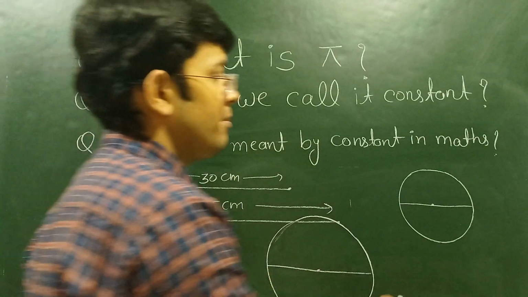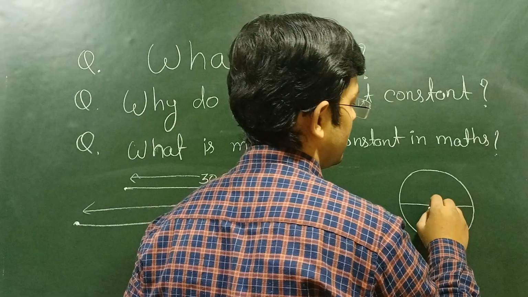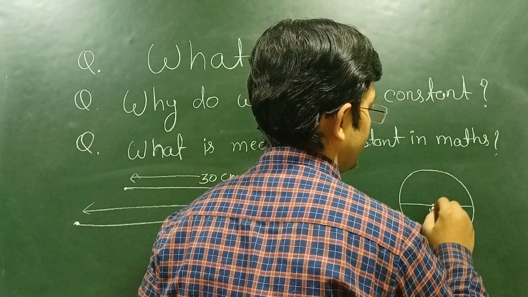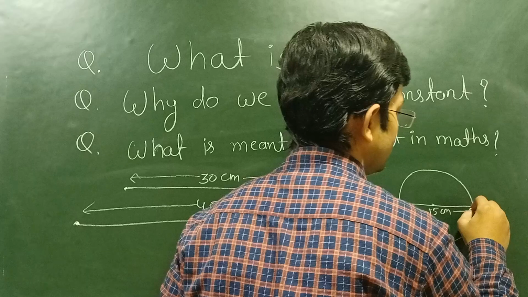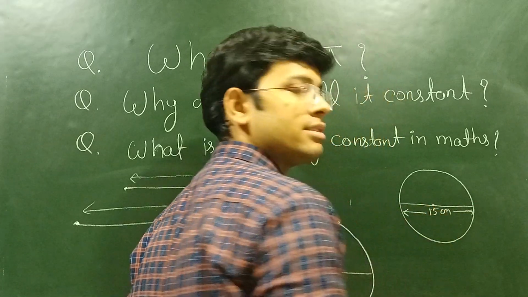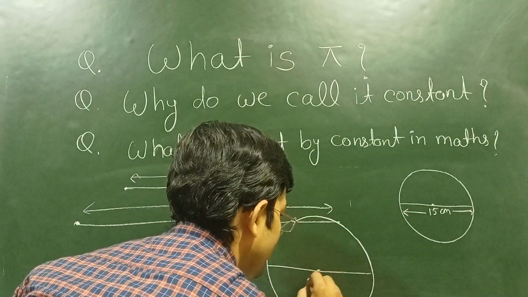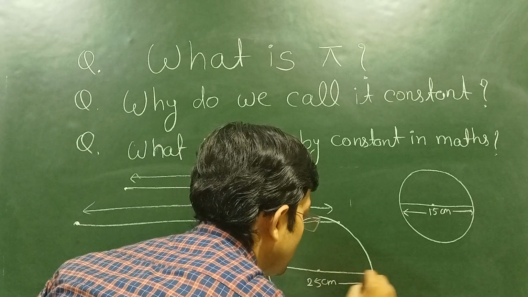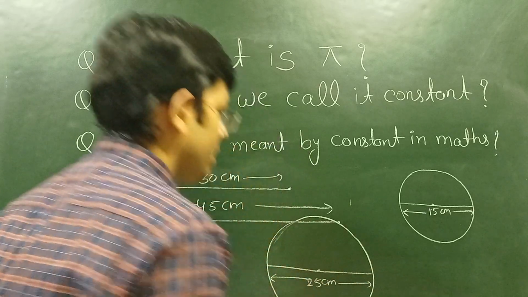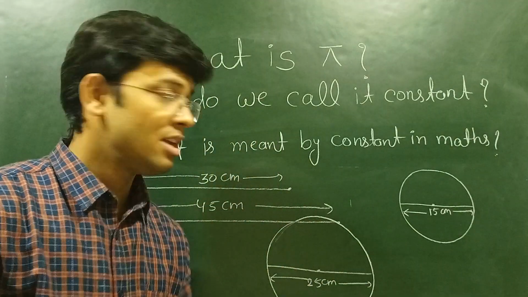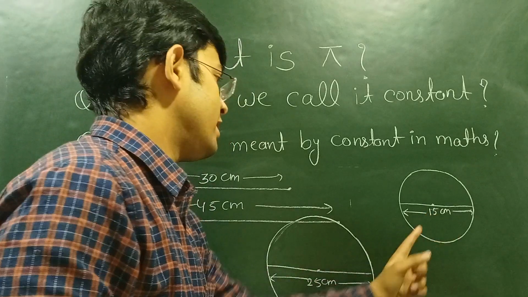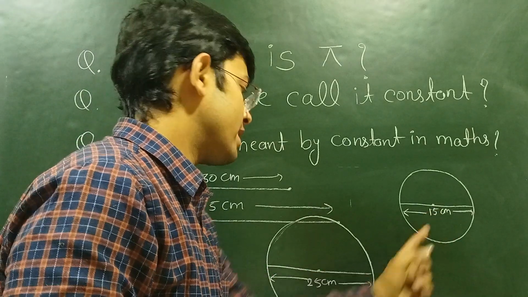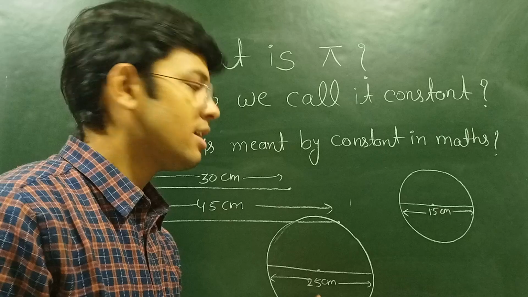Suppose the diameter is 15 centimeter for the smaller circle and 25 centimeter for the bigger circle.